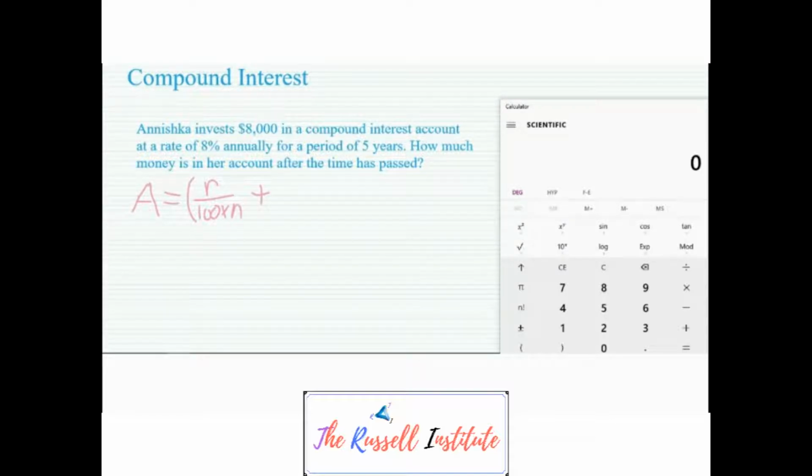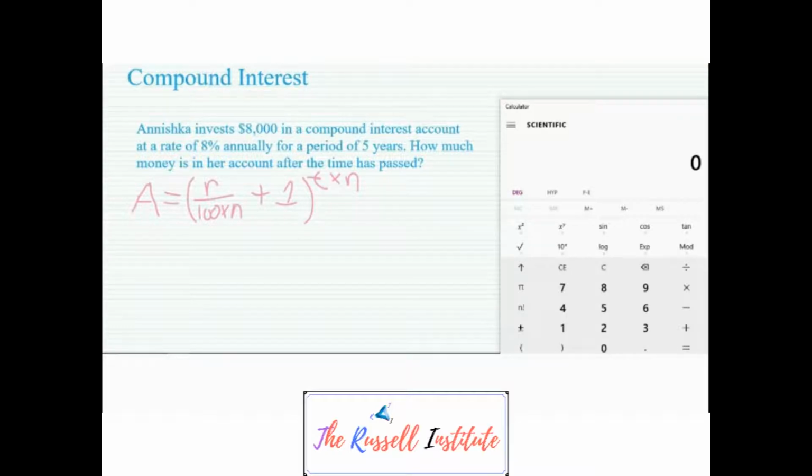Then I want you to add the number 1. This 1 represents 100%. But if you write 100% is 100 over 100, which simplifies to 1. Then now, you're going to raise it to the power or the exponent of t times n.